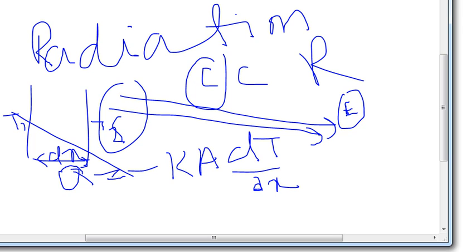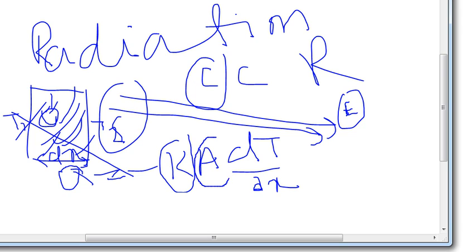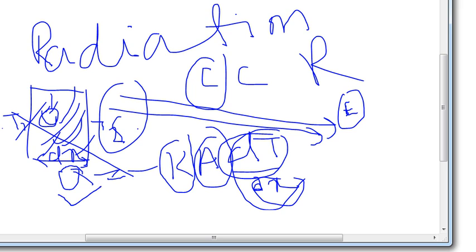Okay, so if you know the thermal conductivity of this material, which is a solid material, and if you know the area and the temperature difference between the system and the surrounding, and this distance, you can find out how much heat is transferred from the system to the surrounding by the help of the conduction process.